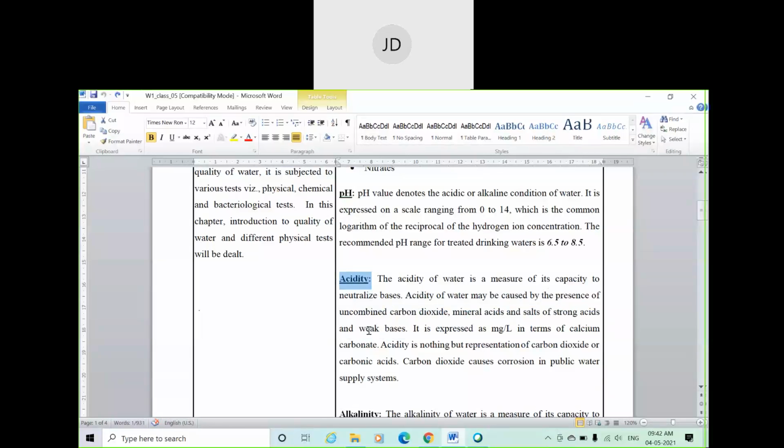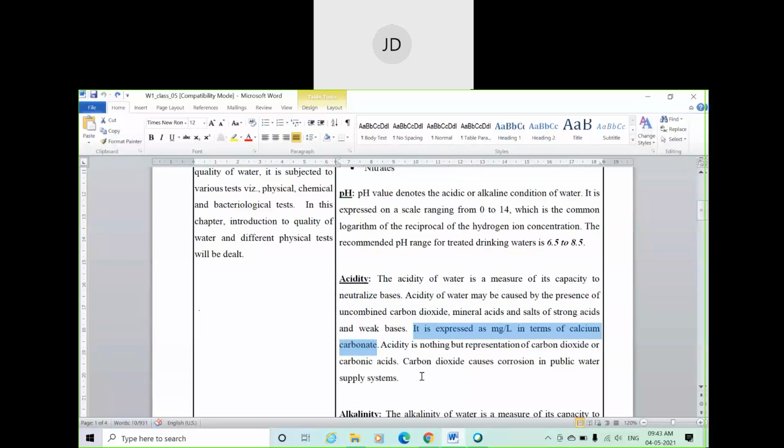And this is also very important: it is expressed in terms of milligram per liter, in terms of calcium carbonate. Even in the experiment to find out the acidity or alkalinity or even hardness of water, it is always determined in terms of calcium carbonate, remember.